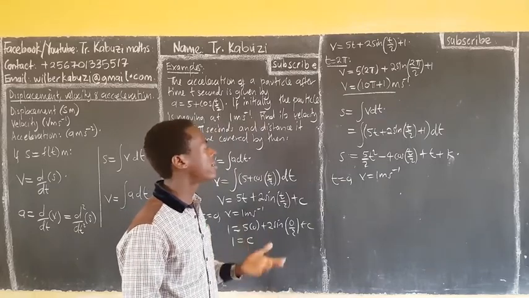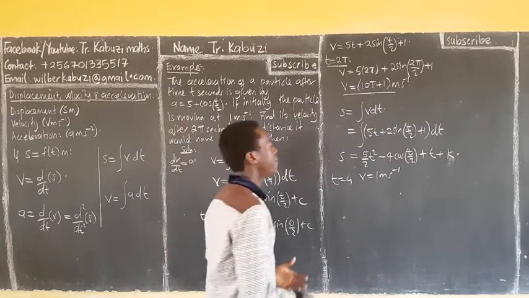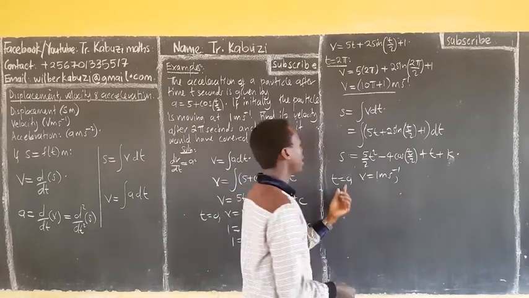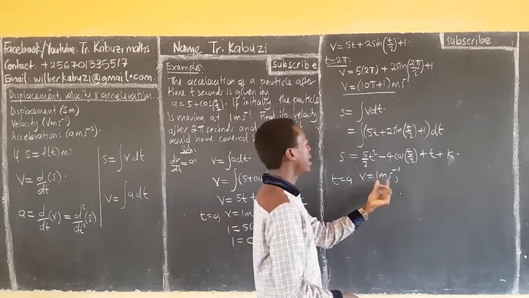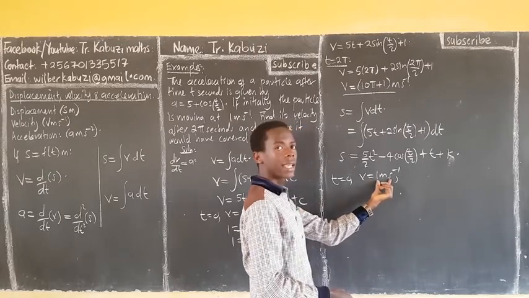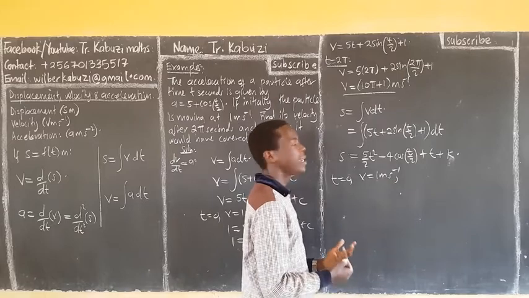Meaning that if 0 seconds had passed, at t equal to 0, it was already at this velocity.